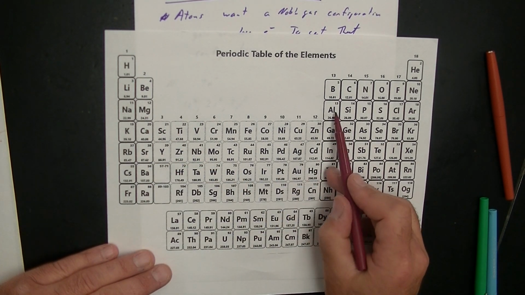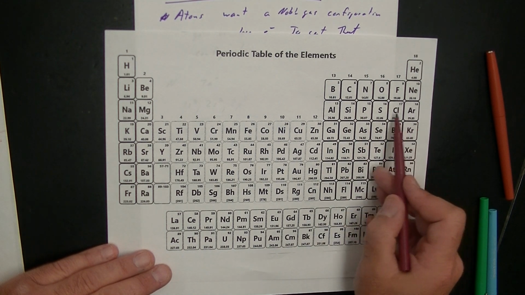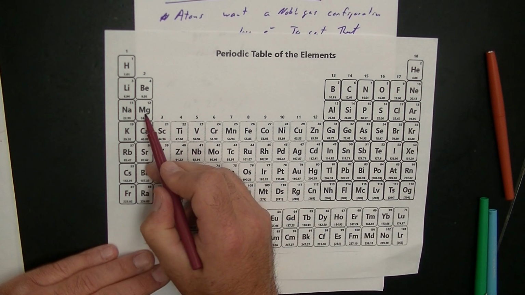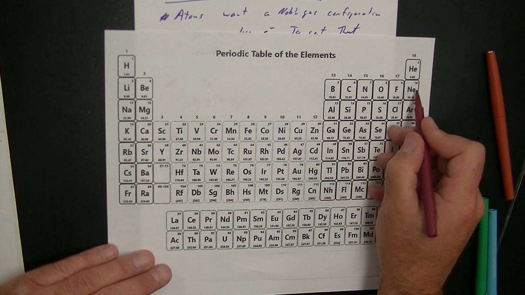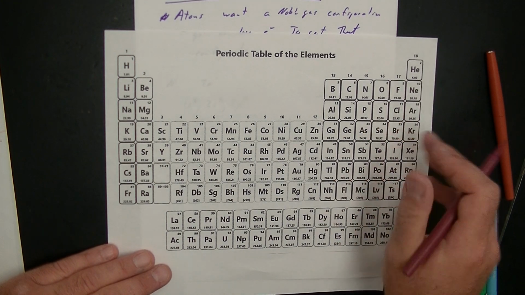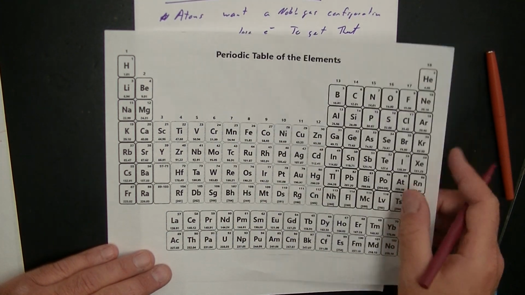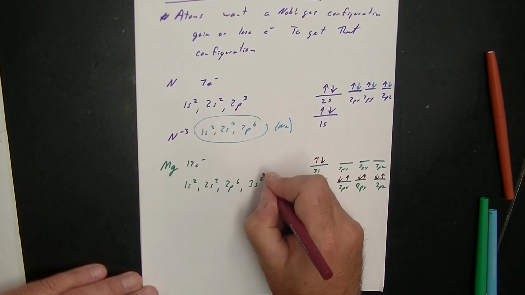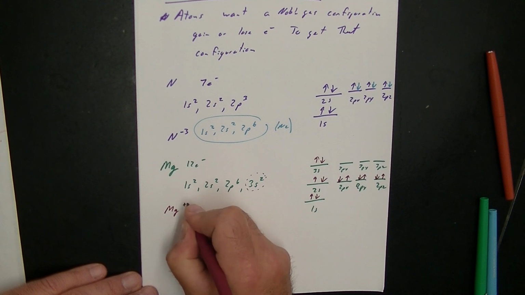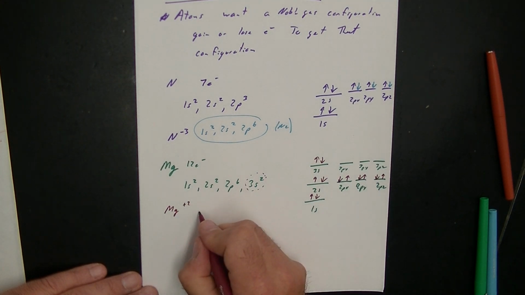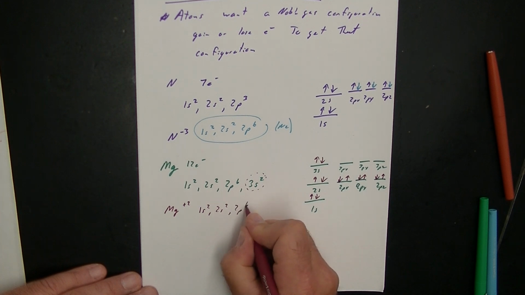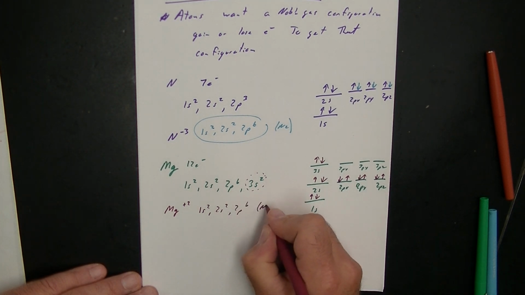It would have to gain 1, 2, 3, 4, 5, 6 electrons in the p's to get to be like argon, or we could lose this 3s and drop back to be neon. It's much easier to lose 2 than to gain 6. So these 2 electrons right here are lost. It becomes Mg2+ with an electron configuration of 1s2, 2s2, 2p6, which again is neon.